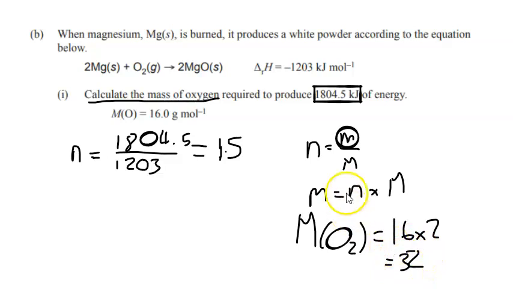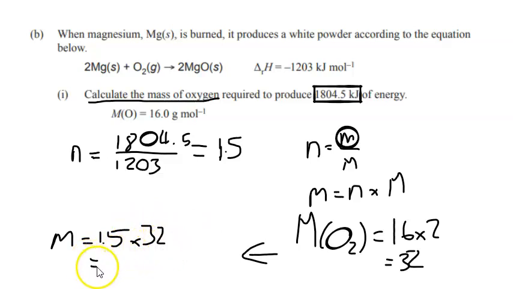So the mass equals the amount, 1.5, times the molar mass, 32, and we end up with 48 grams. We would need 48 grams of oxygen to release 1,804.5 kilojoules of energy.